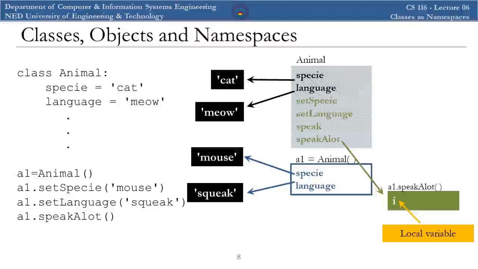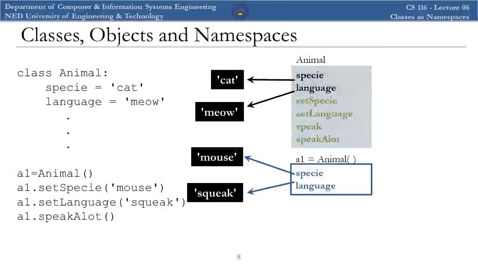self dot identifier, right? So that means it's a local variable, and the lifespan of this I is equal to the lifespan of this method speak a lot. So when this speak a lot method finishes, this I is gone. However, class variables and instance variables are still there, right?